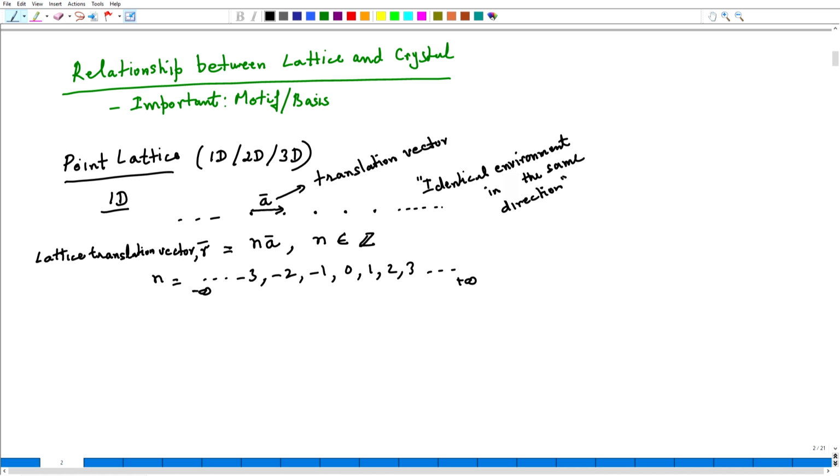Let us take another example in the sense of now going to 2 dimensions. So, a lattice in 2 dimensions. Let me just try to draw one 2-dimensional lattice.